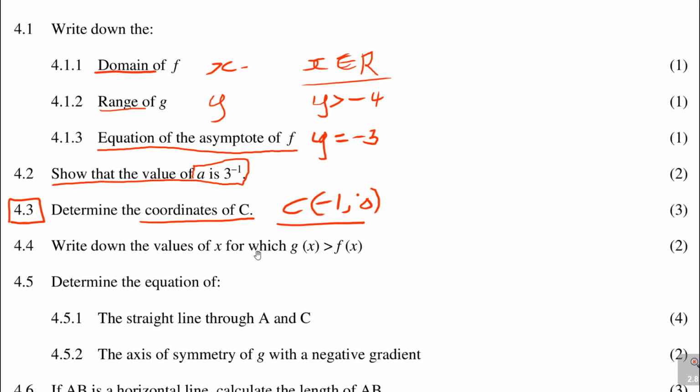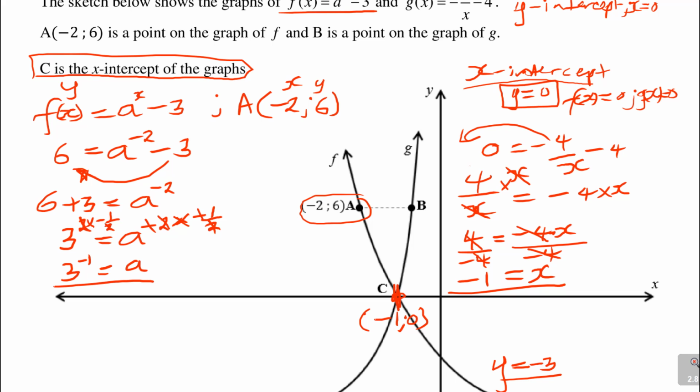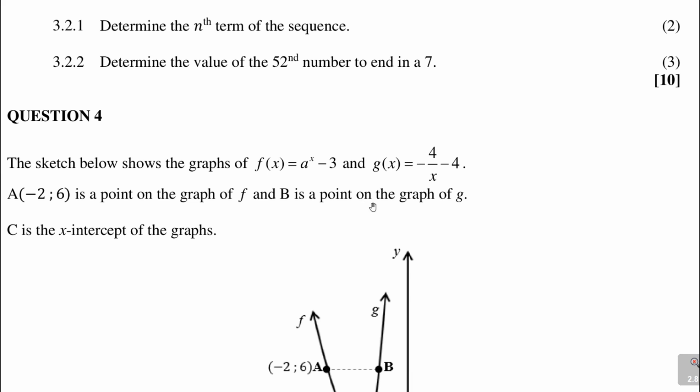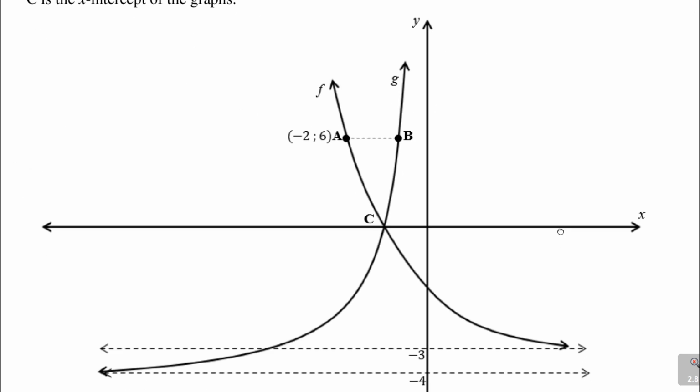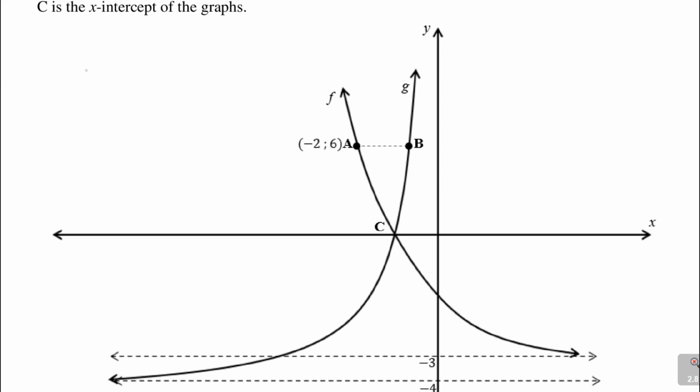Write down the values of x for which g of x is greater than f of x. Now greater means g of x is on top of f of x. So let me show you how you approach this one. Let me just erase everything. Now when they're saying g of x is greater than f of x, you mustn't stress it.